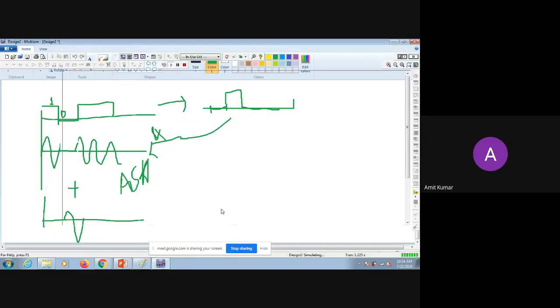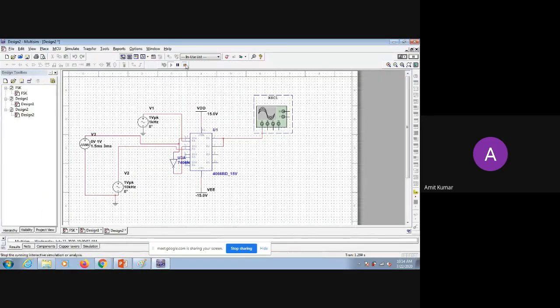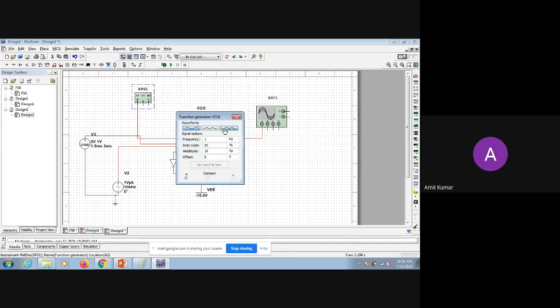Just a minute. So I will replace all these functions with function generator. The first signal I want to place is a square wave signal.